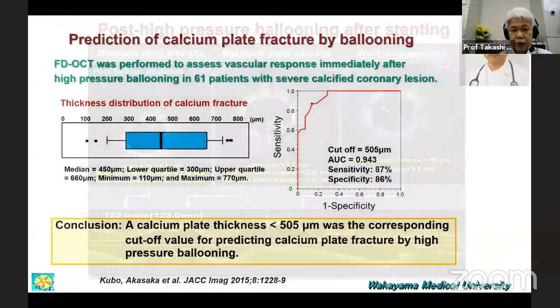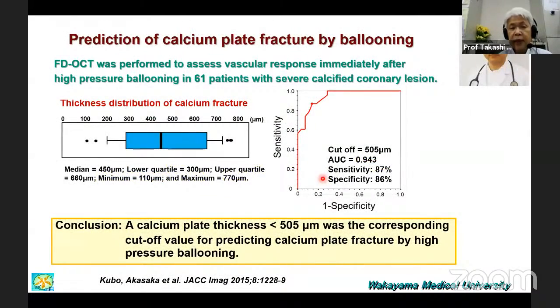And how to speculate making a calcium fracture? The best cutoff is around 500 micron, but it's a very complex 3D distribution sometimes. Therefore, the range is 300 micron to 650 micron, a little bit bigger, but the best prediction of making a crack is 500 micron.